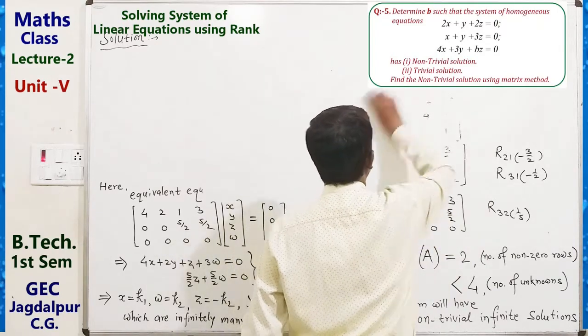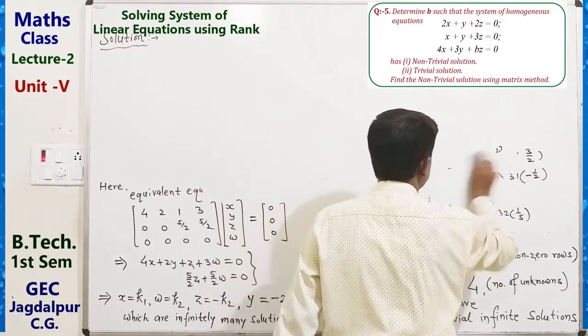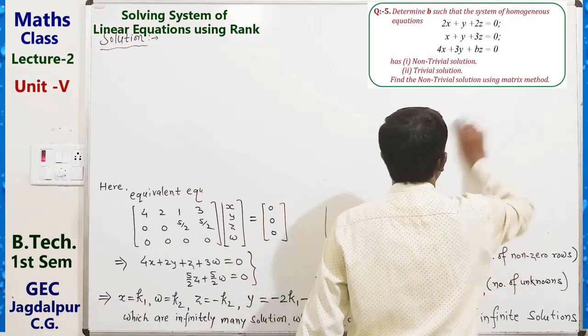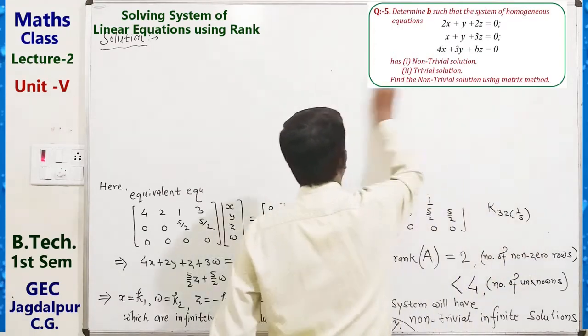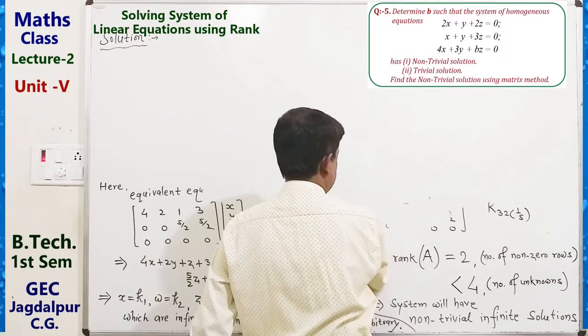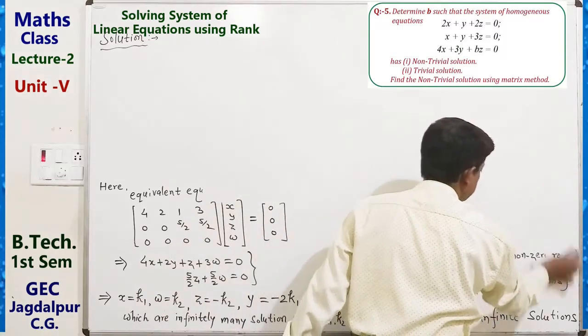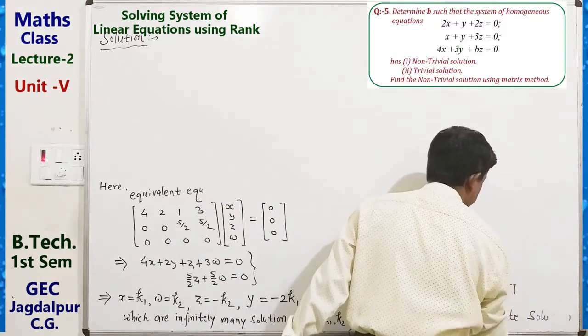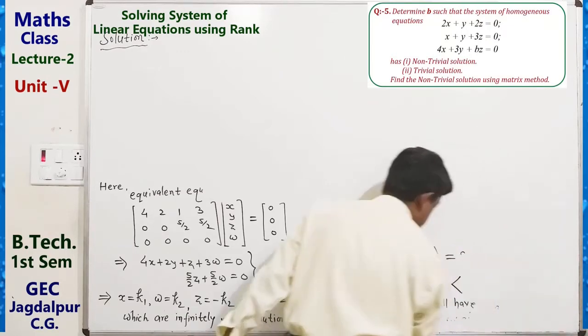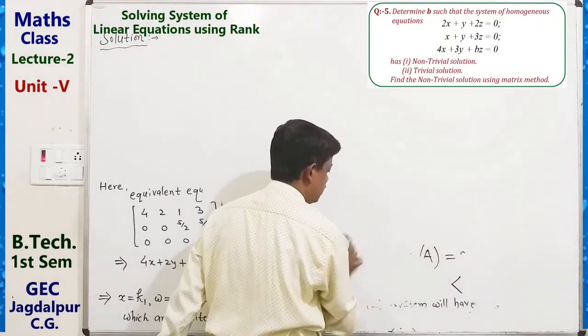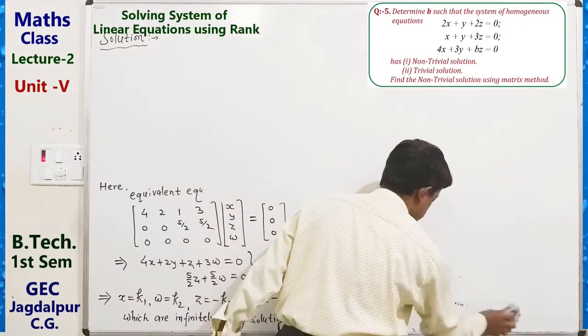We have to find the value of b so that the system will have non-trivial solution, and we have to find that solution. Non-trivial solution means infinitely many solutions, and for trivial solution, what will be the value of b? Trivial means zero solution.